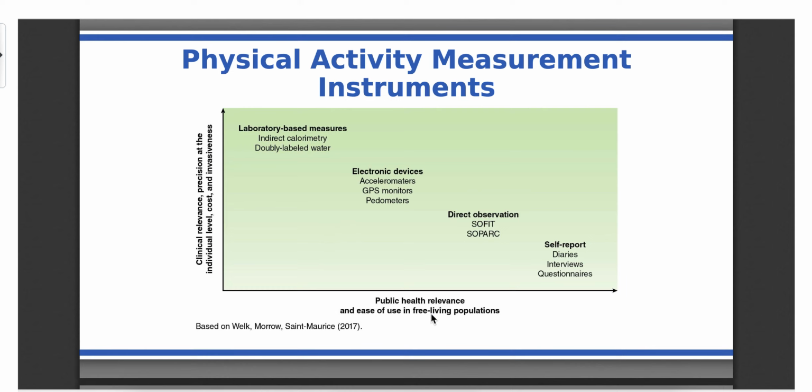And then public health relevance: how easy is it to use in a natural environment? You can see typically those that cost more or are more invasive at an individual level aren't as good for measuring a large group of people in everyday activities. And those that are the reverse of that tend to go along this negative-style line here.